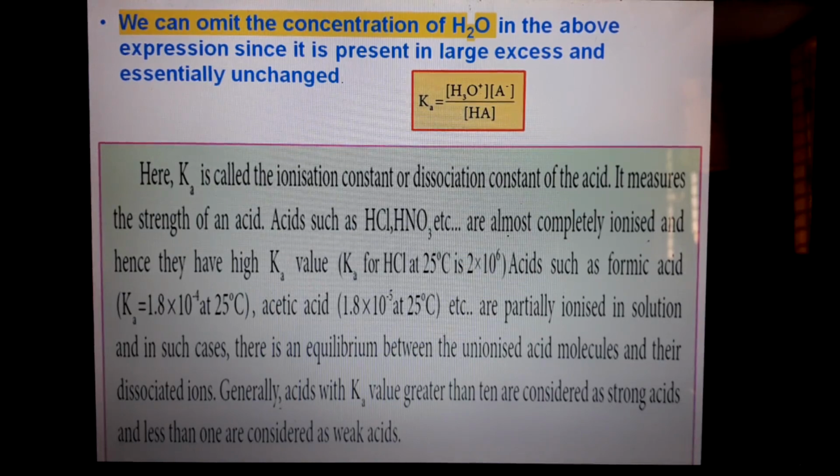So the Ka value is lesser than that of inorganic acids. Generally, acids with a Ka value greater than 10 are considered strong acids. Less than that, they are weak acids. This is the concept. Okay, understand? What is Ka? This is the definition.